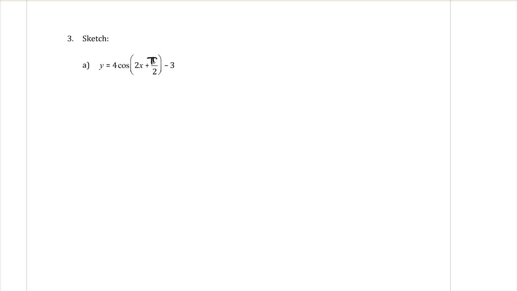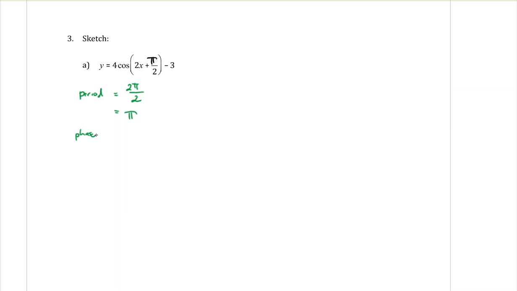Okay, question 4. This has got lots of changes. Let's start with the period of the graph. So the period of a cos graph is normally 2 pi. What do I need to divide mine by? The 2, because it's the number in front of the x. So the period of this graph is going to be pi. That is a phase difference.